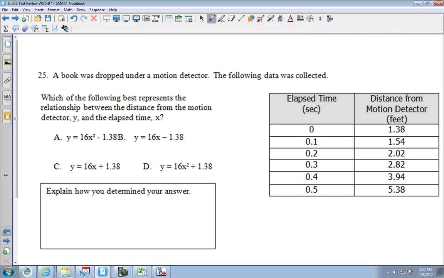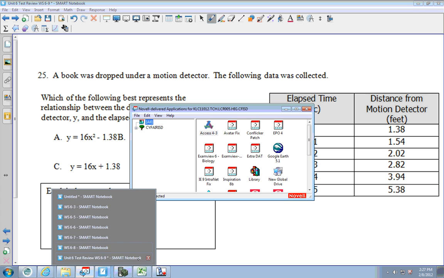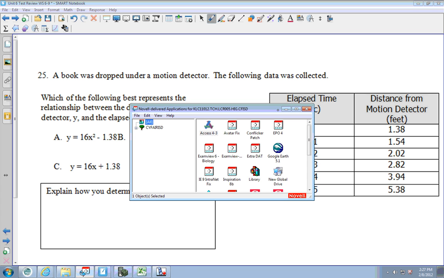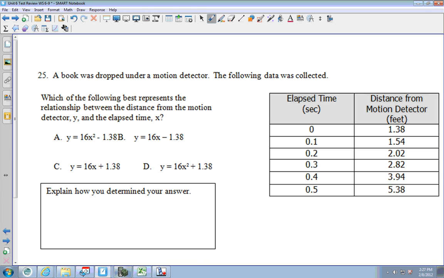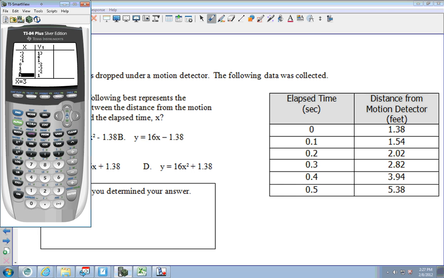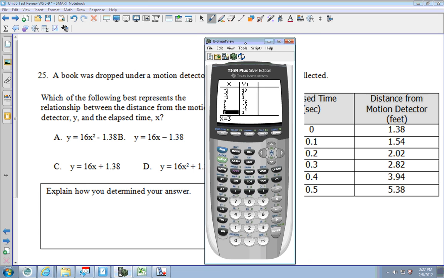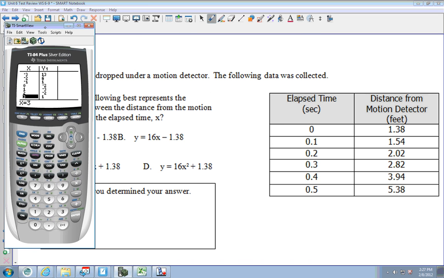Next one. A book was dropped under a motion detector. The following data was collected. Which of the following best represents the relationship between the distance from the motion detector and the time elapsed? Well, the easiest thing to do on this one is to not pull that up. You can put these all in the calculator and figure them out, but let's look here.